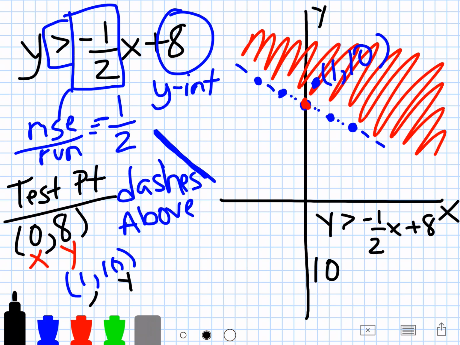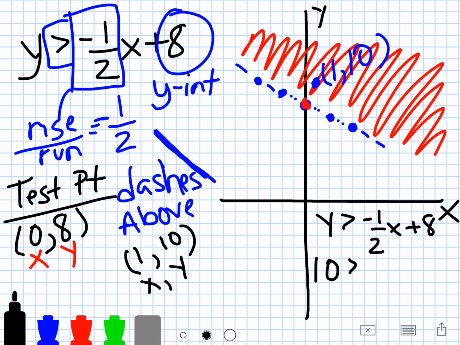It's not letting me write it here, so as a matter of fact, let me just write. My test point is 1, 10, where 1 is my test point for my x and 10 is my test point for my y. So wherever I see a y, I'm going to put 10.